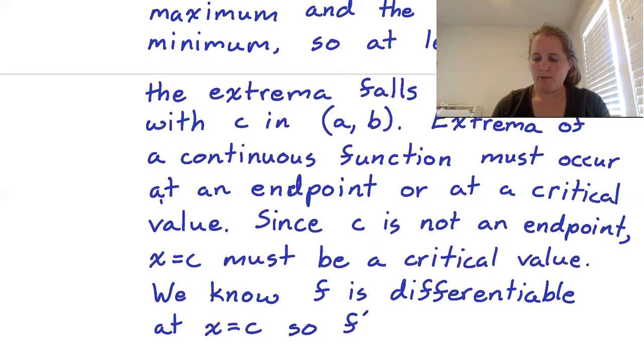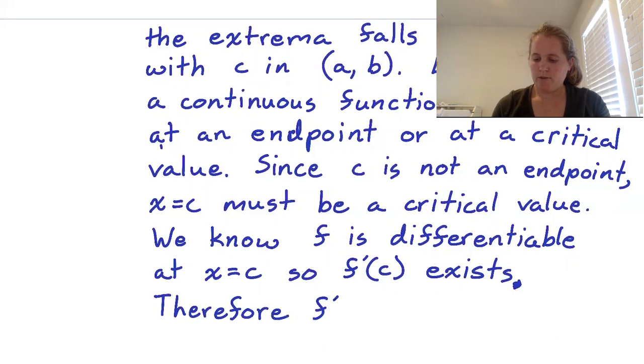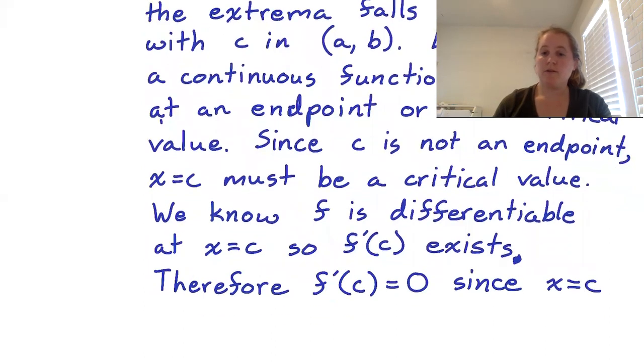So f prime of c exists. Therefore, it must be equal to 0. So therefore, f prime of c equals 0, since x equals c is a critical value.